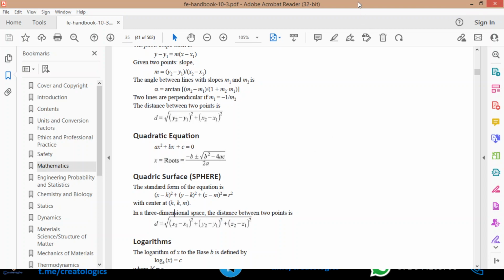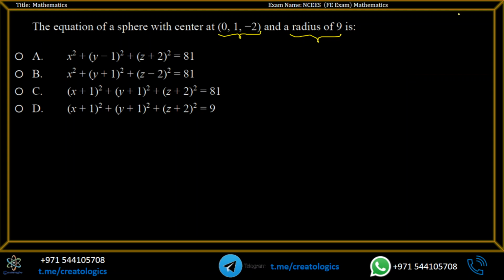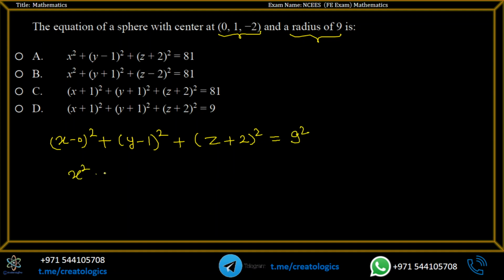So I will make use of this and we can easily solve this question, which says the equation of the sphere having the center 0, 1, -2 is going to be equal to what? x minus 0 whole square plus y minus 1 whole square plus z minus minus 2, that is z plus 2, whole square is equal to r square, which is 9 square. So can you see your final answer is x square plus y minus 1 whole square plus z plus 2 whole square is equal to 81.